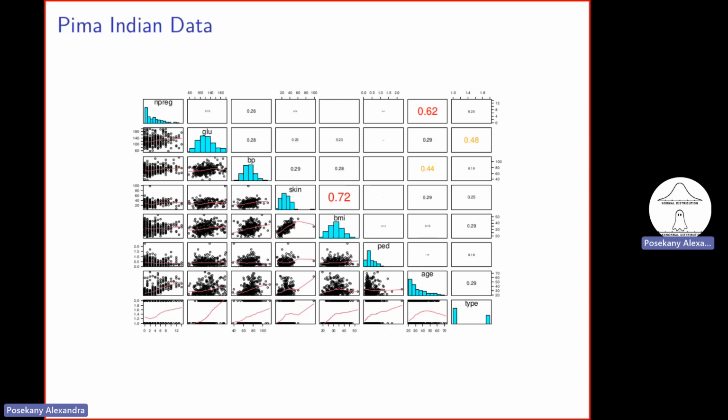But it makes sense to keep the variable which we have more easily available, and that's the BMI, because you all know what your skin fold thickness is, of course. And you could plug it into the model to predict your diabetes chances, so let's stay reasonable and take that one.